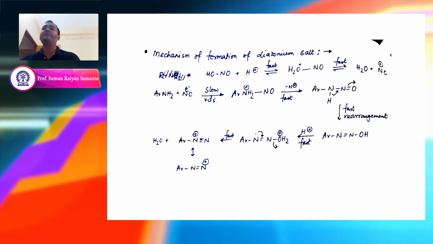So in presence of acid, it will become HONO, and then this acid will protonate this OH to make OH2+, which is a good leaving group. So it will form NO+ in the beginning, and this NO+ will now be attacked by your aromatic amine, aniline. Okay, it is a slow rate-determining step.